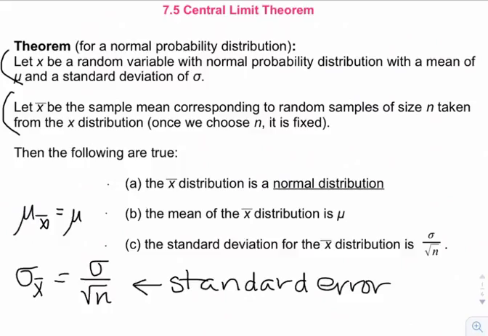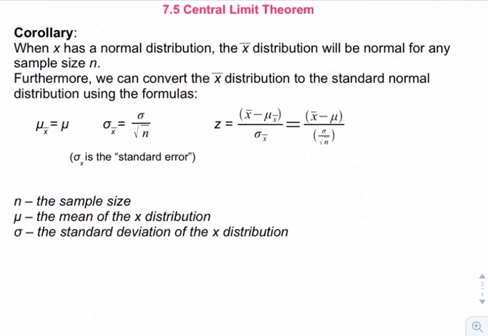We call this the standard error. So we come up with another distribution, the x bar distribution, which is normal, which has the same mean as your original x distribution, and we can define the standard deviation using the original standard deviation of x. Okay.